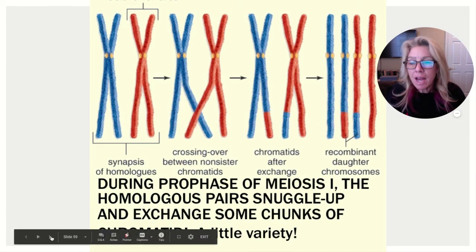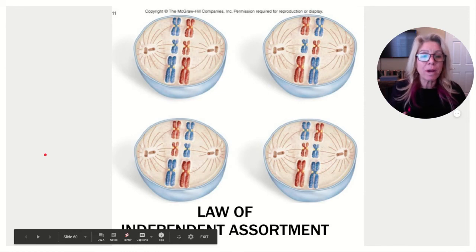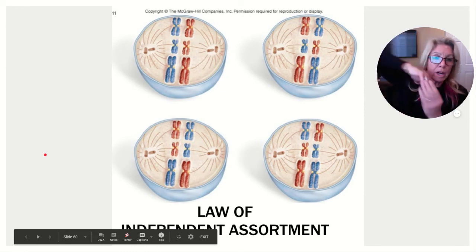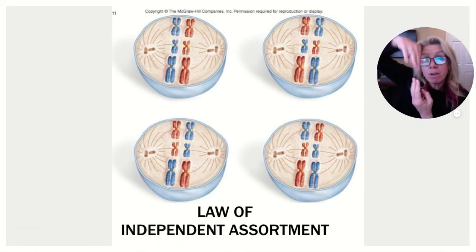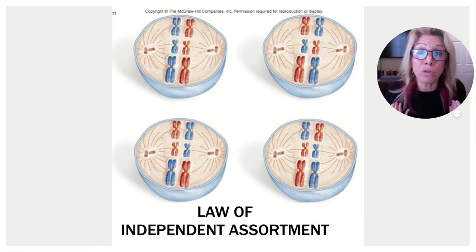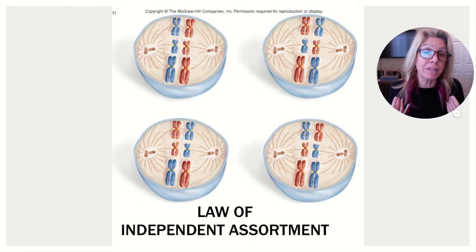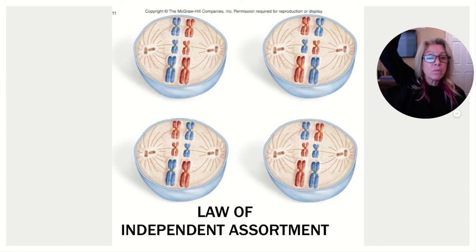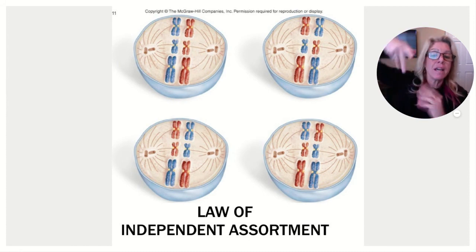And then the next way is in metaphase 1, when the homologous pairs line up in the middle, they can line up any which way they want. Remember, we have 46 chromosomes. Our 2n number is 46, right? So that means we have 23 homologous pairs, and all 23 of those line up independently of each other.